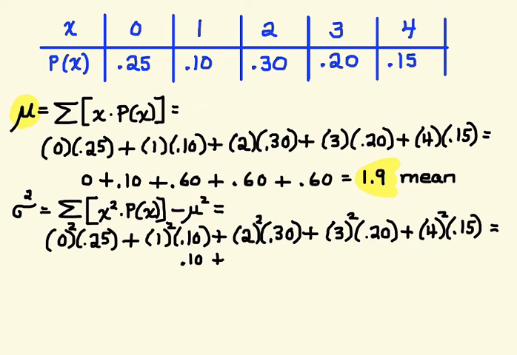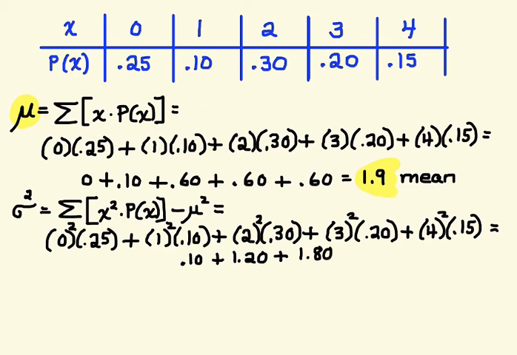Okay, let's look at the next one. We have 2 squared is 4. 4 times 0.3 is 1.2, so let's put a 1.2 down here, plus. Our next one is 3 squared. 3 squared is 9. 9 times 0.2 is 1.8, so this is a 1.8.